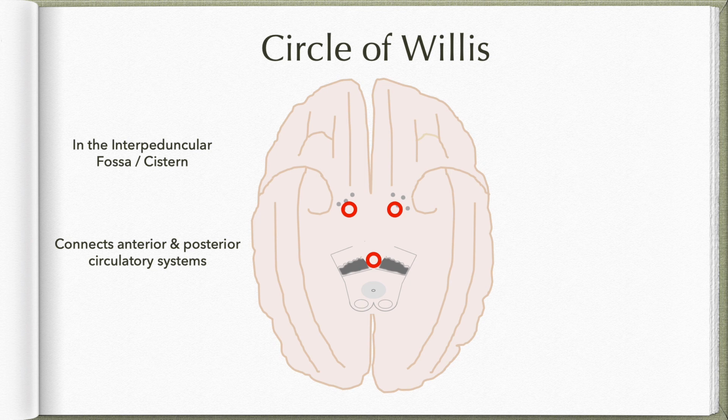So, the circle of Willis will establish connection between the branches of internal carotid arteries and the branches of basilar artery. What we are seeing here is the basilar artery because we are at a higher level. The vertebral arteries of both sides would have joined together to form the basilar artery at the lower level, that is at the pontomedullary junction. Here we are seeing the upper end of the basilar artery.